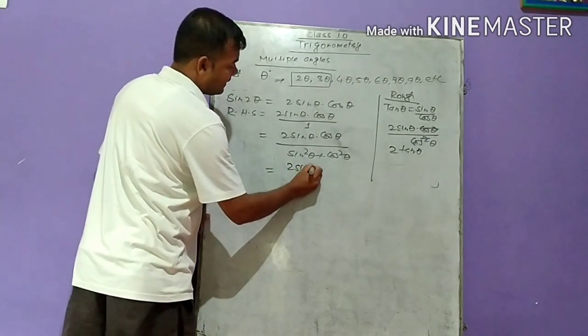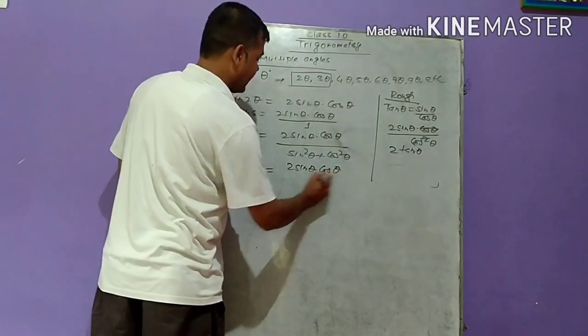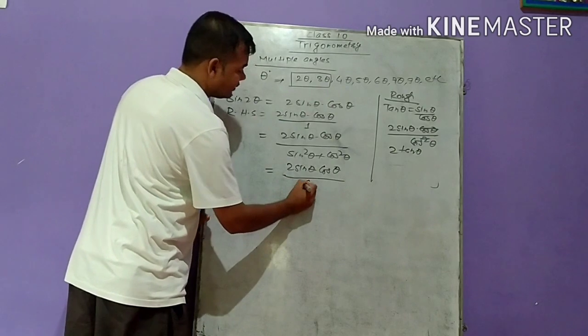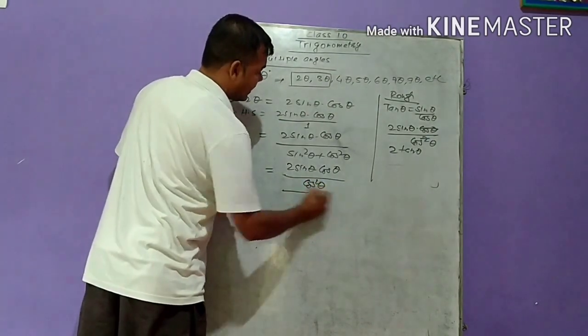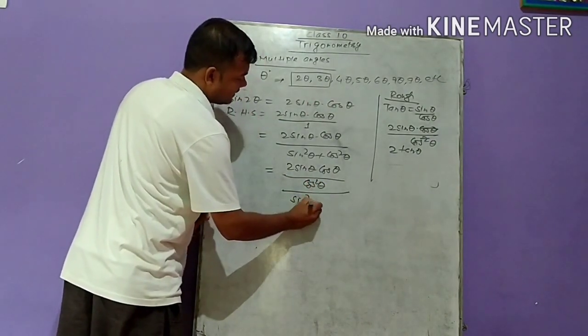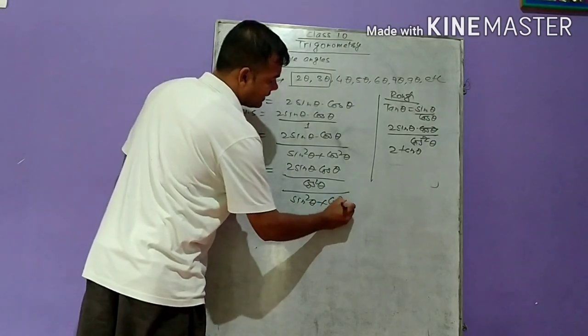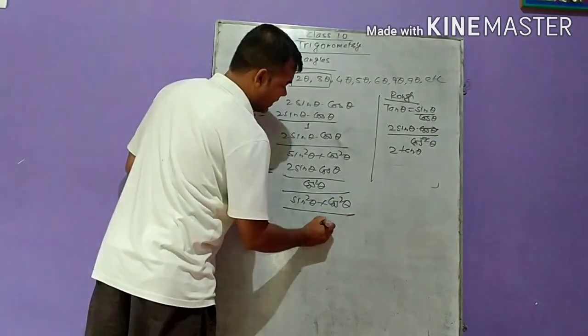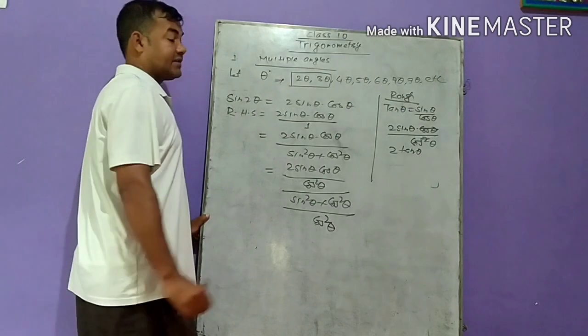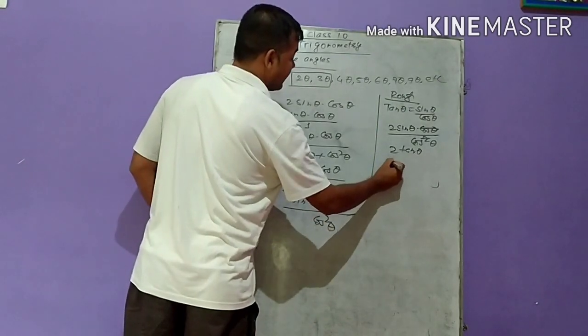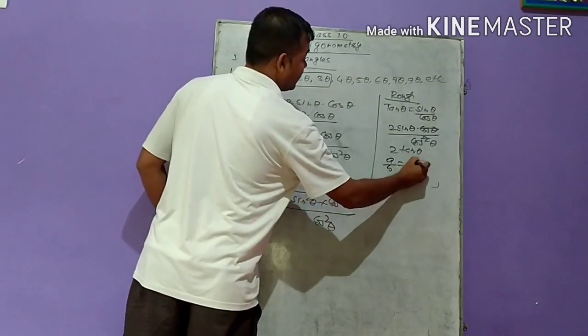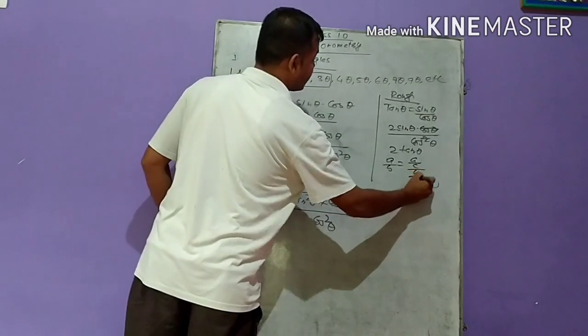So what can we write here? 2 sine theta into cos theta by cos square theta, over sine square theta plus cos square theta by cos square theta. Because in algebra we have studied that a by b can also be written as a by c over b by c.